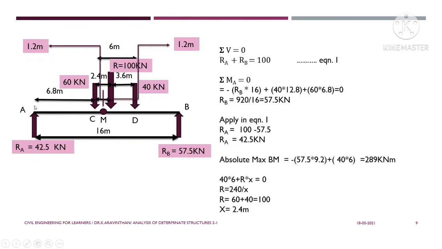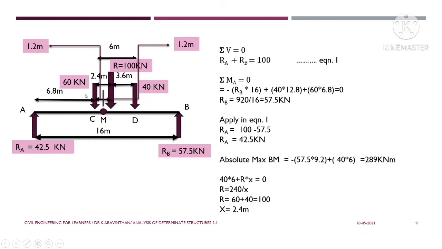When the load is moving towards this girder, this is the exact location. After it crosses 6.8 meter, the girder has the maximum absolute bending moment. If it crosses 0.1 meter or 0.2 meter from this, the bending moment gets reduced.